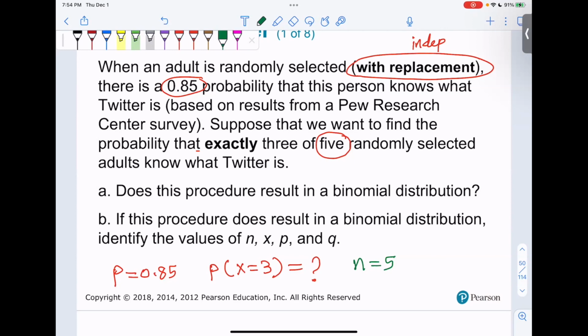So this 0.85, when we choose the first one and then the second one, will be the same.